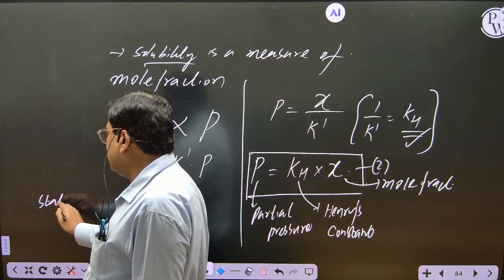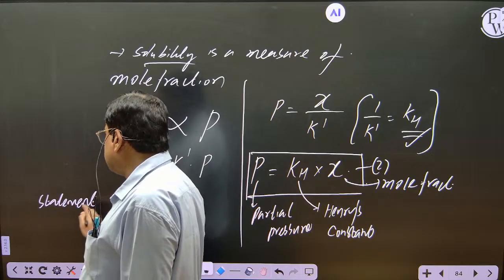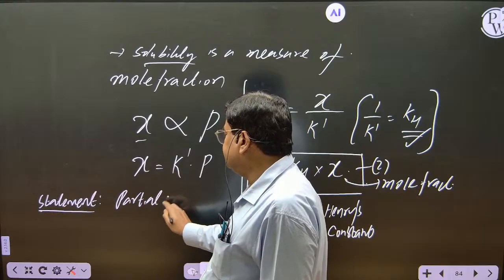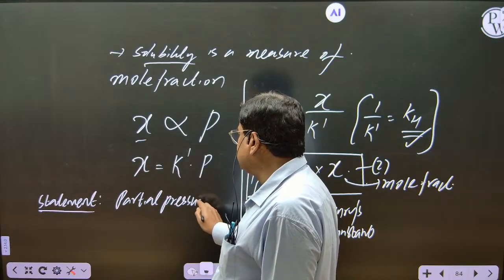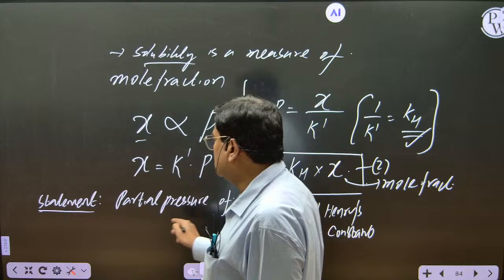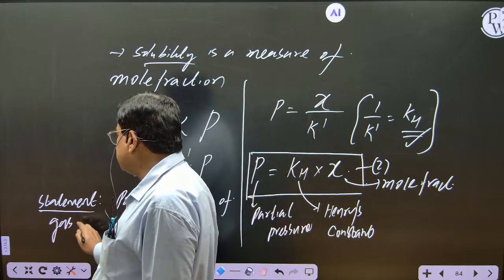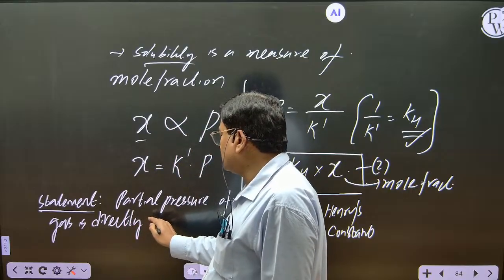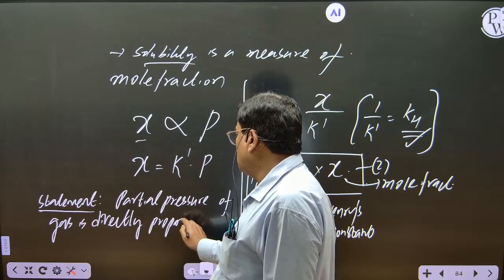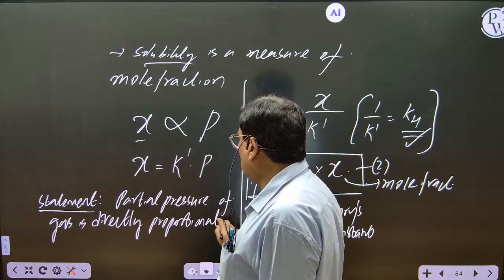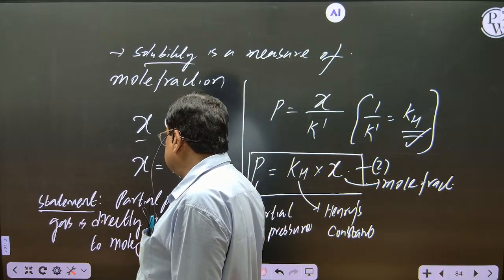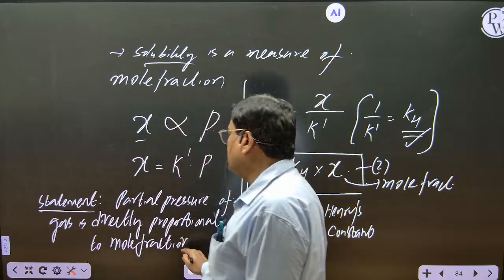So see, statement 2 I am writing here: the partial pressure of the gas is directly proportional to the mole fraction of the gas. Mole fraction is shown with the symbol chi. This is the second statement given from Henry's law.